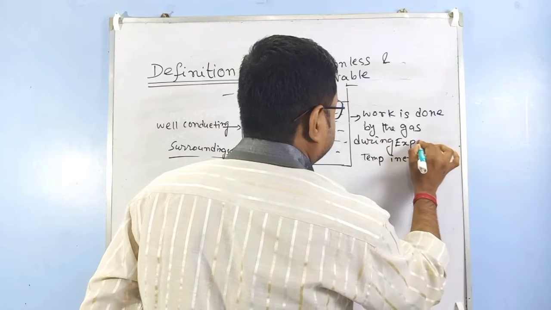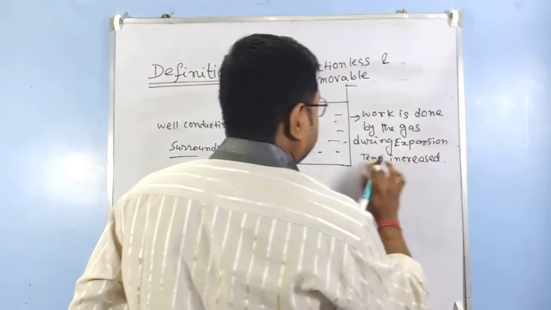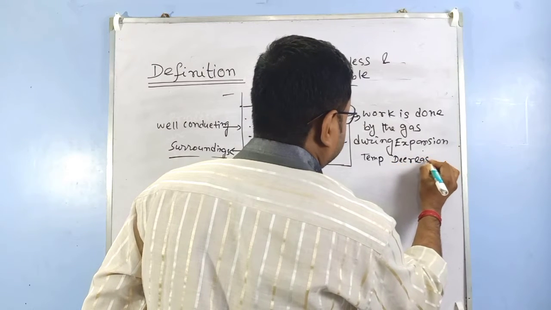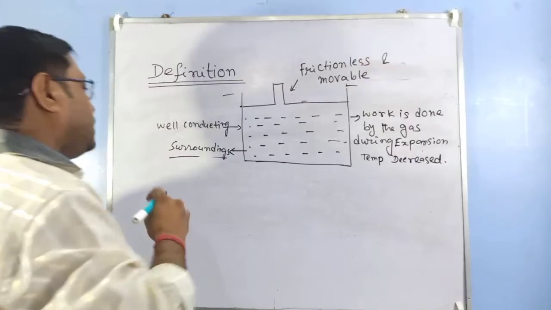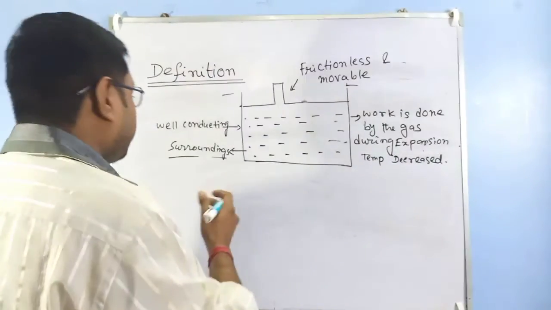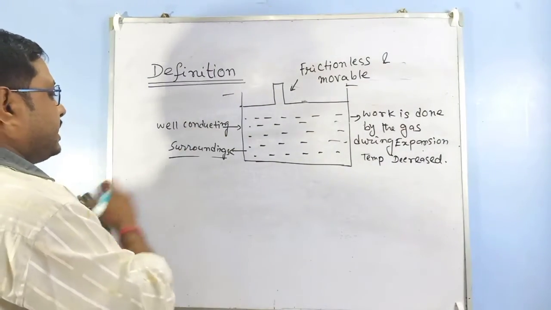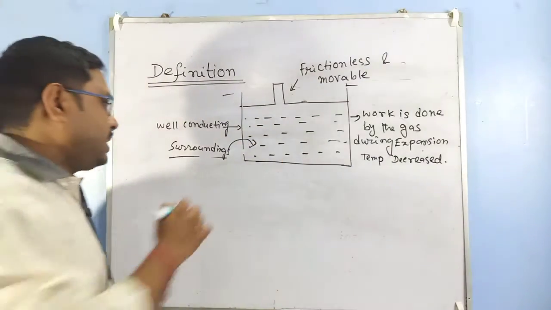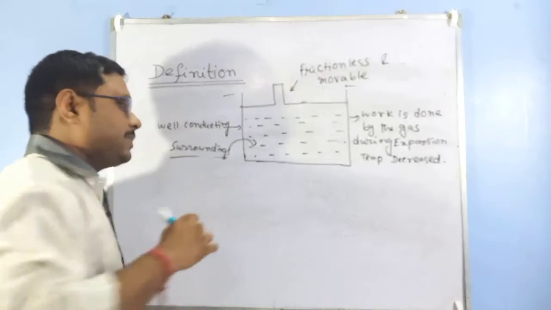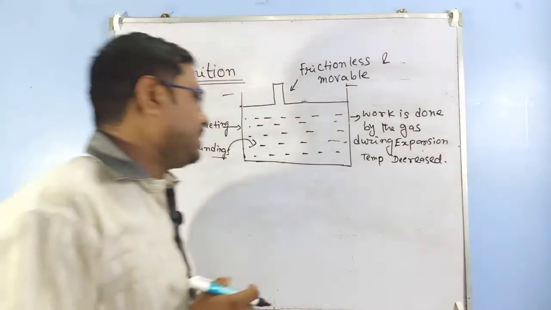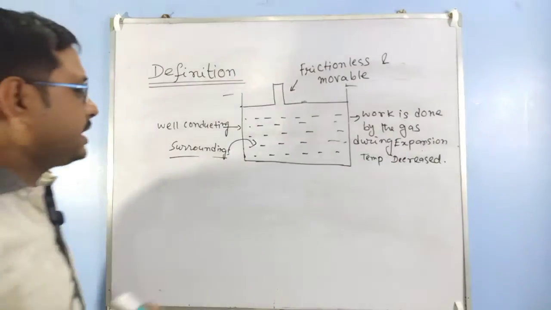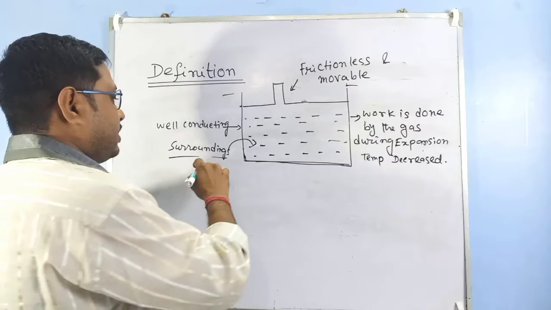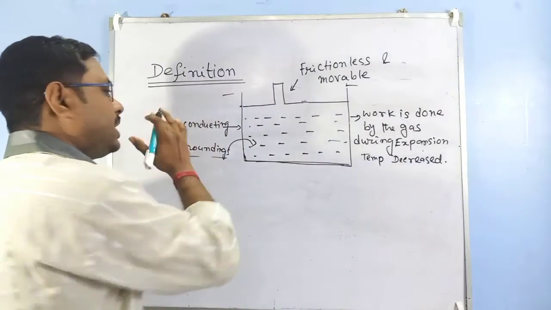So here the temperature is not increased but decreased. As the temperature decreases, some heat must be conducted from the surroundings to the container of the gas so that the temperature remains constant. So during the whole process, the temperature remains constant by conducting heat from or to the surroundings.